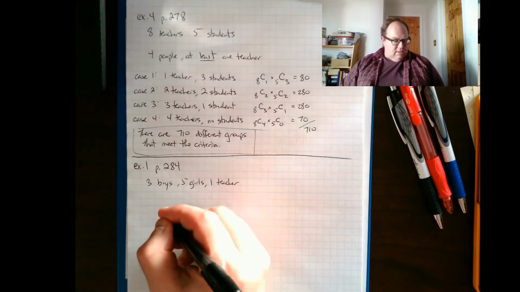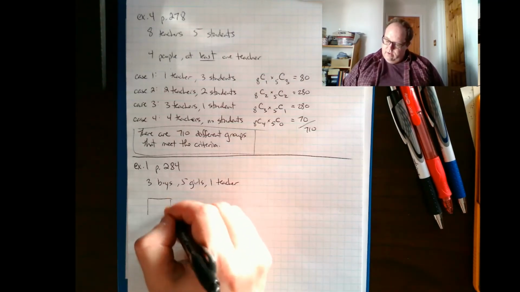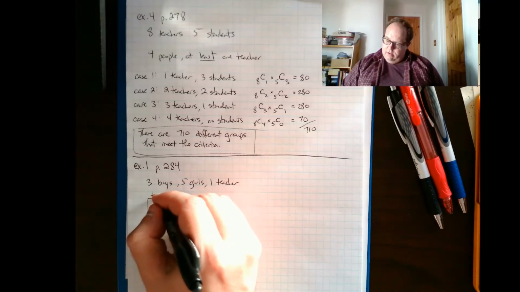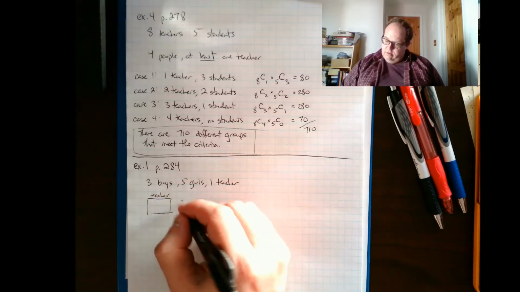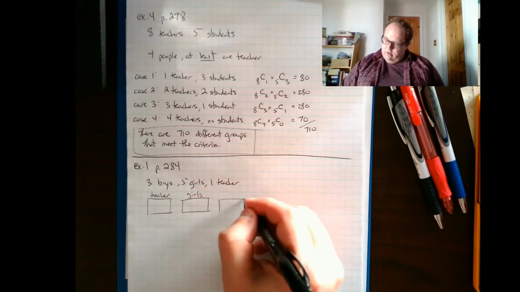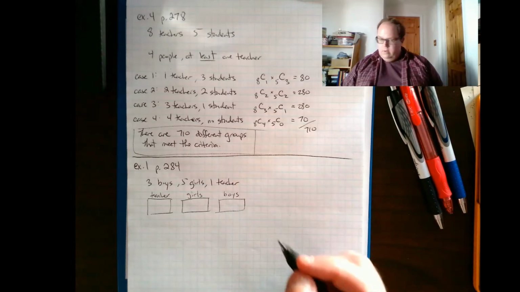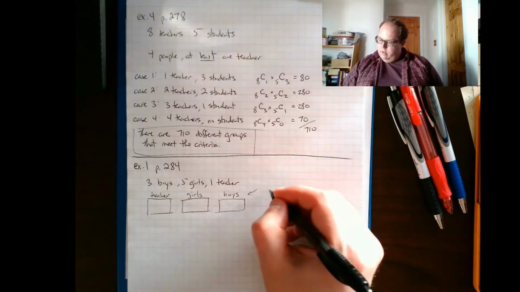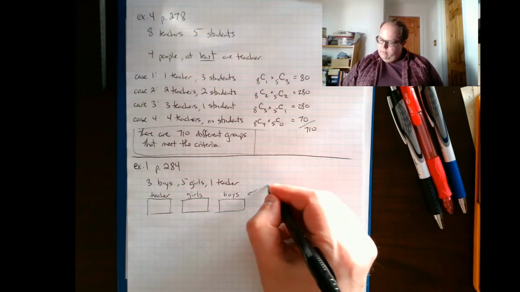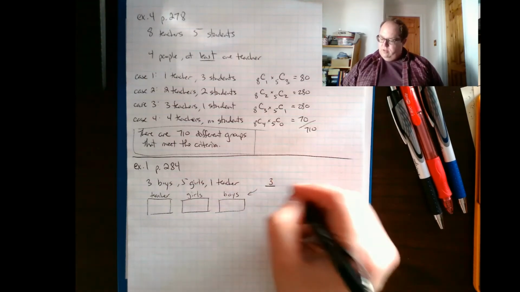So let's think of our groups this way. Teacher, girls, boys. So my first group will be one of 3 possible choices.